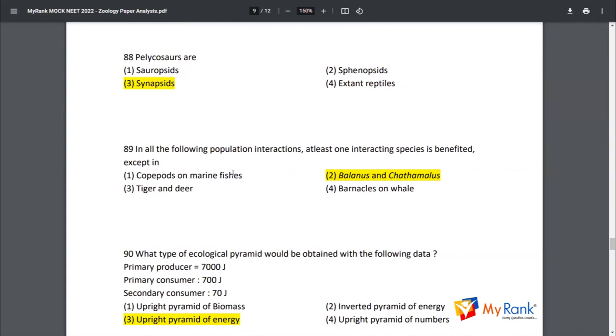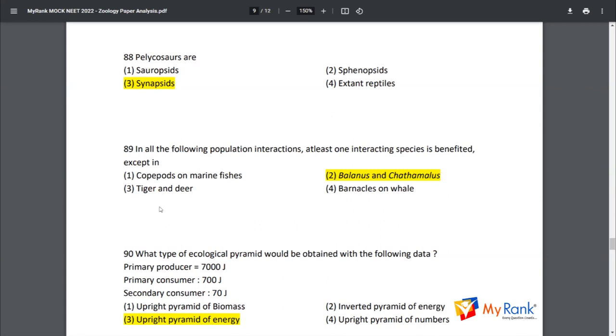Now, copepods and marine fishes, here copepods are benefited, whereas marine fishes have no trouble with the interaction. So, they are also parasites on fishes. So, it is a plus and minus relationship in the interaction. One is benefited and one is affected.